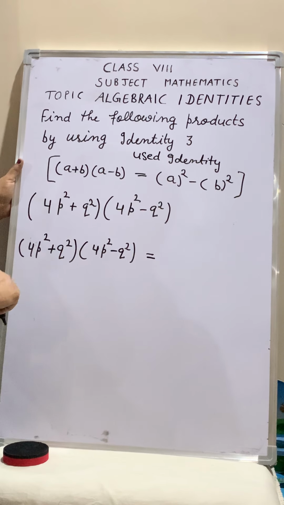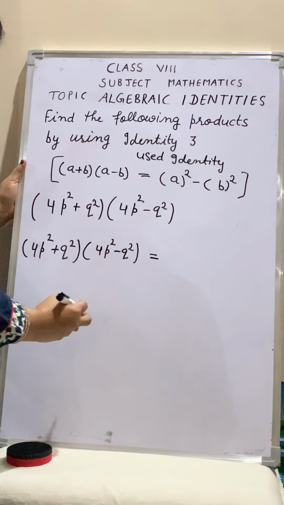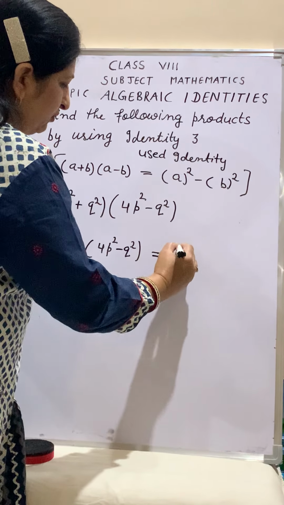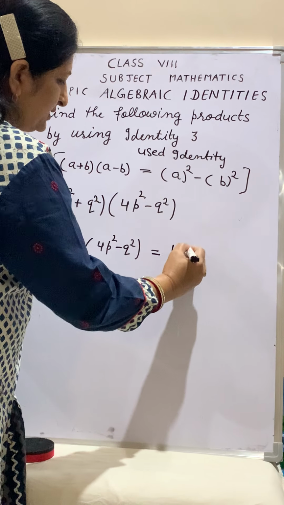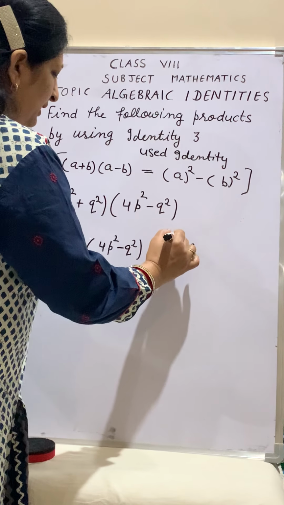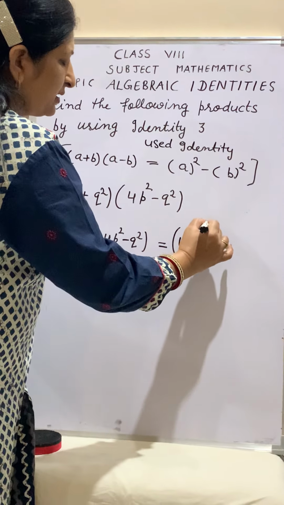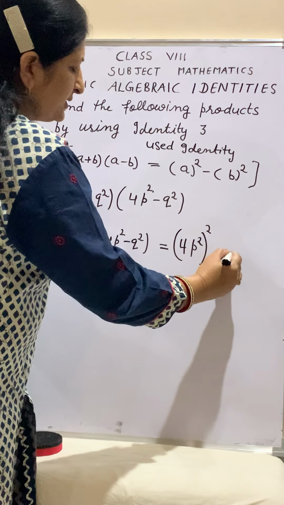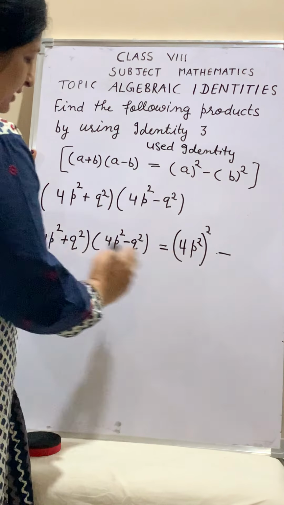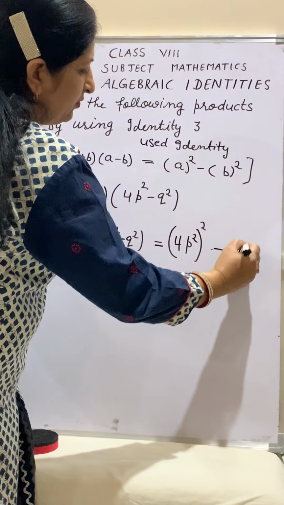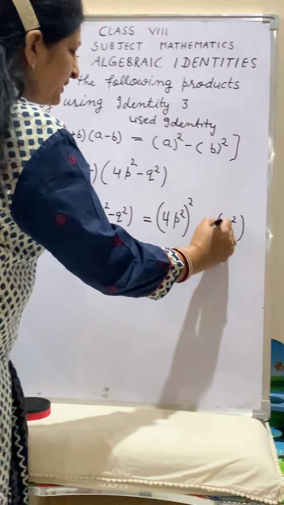What is the first term? 4p square. So we will write whole square of the first. And minus, what is the second? q square. And we will write here whole square of the second.